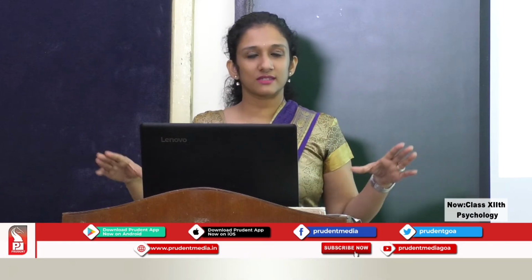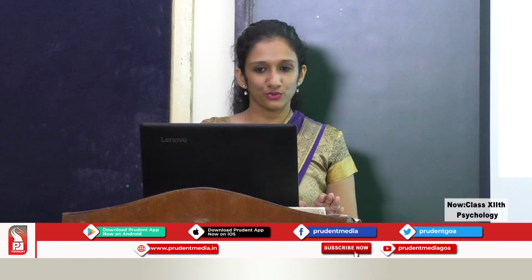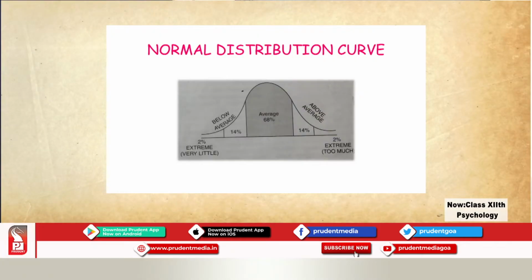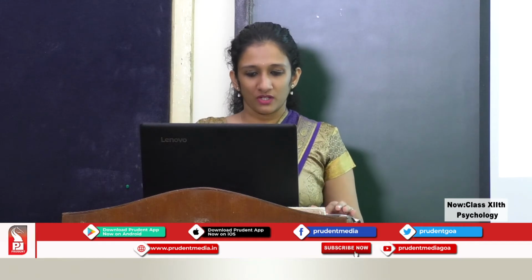The same way is this bell-shaped curve, the normal distribution curve, where the average IQ comes in the middle range, which is 68%. Then below average, above average, and the extreme sides is where there is very low and very high IQ. Okay? So this is how the bell-shaped curve looks. Hope that is clear to you.